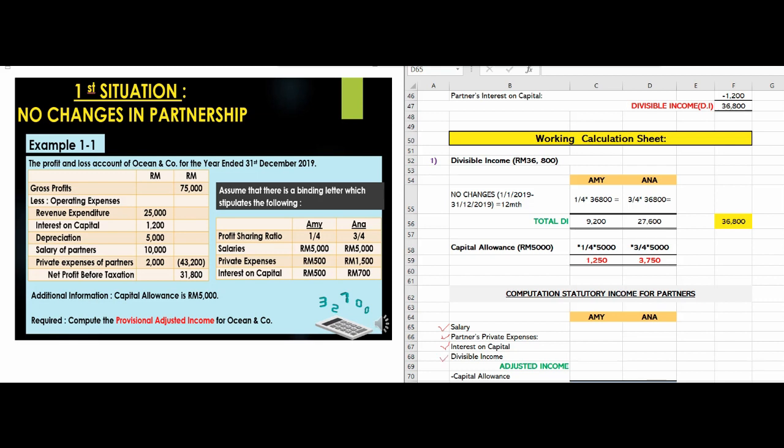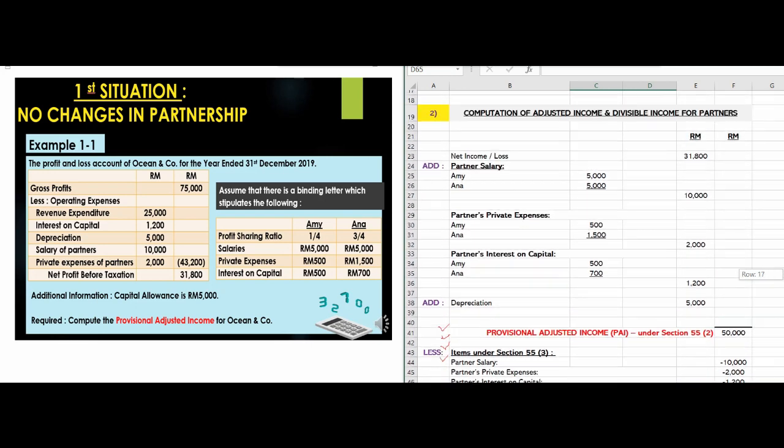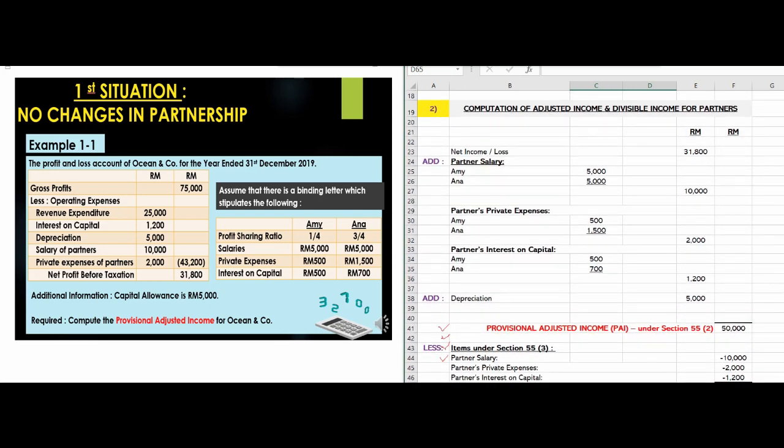So what amount are we going to put in there? For the salary part, we already calculated it up here. We already gave each partner's amount here, so we are going to copy it under the statutory income.